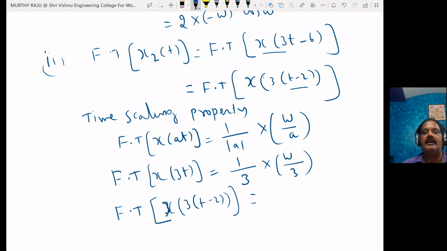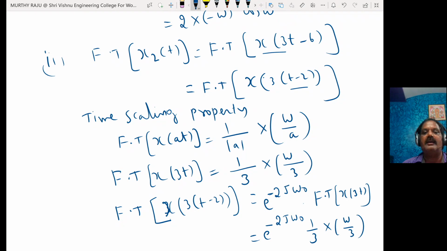After shifting, e power minus j omega t naught, where t naught is equal to 2, times the Fourier transform of x of 3t. Therefore, e power minus 2 j omega times 1 by 3 X of omega by 3. This is the second problem solution.